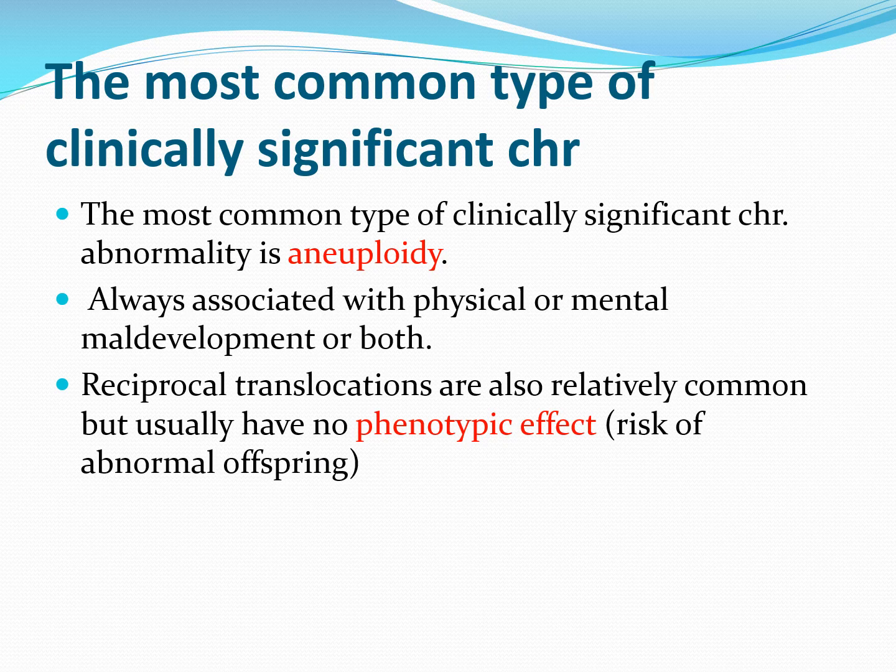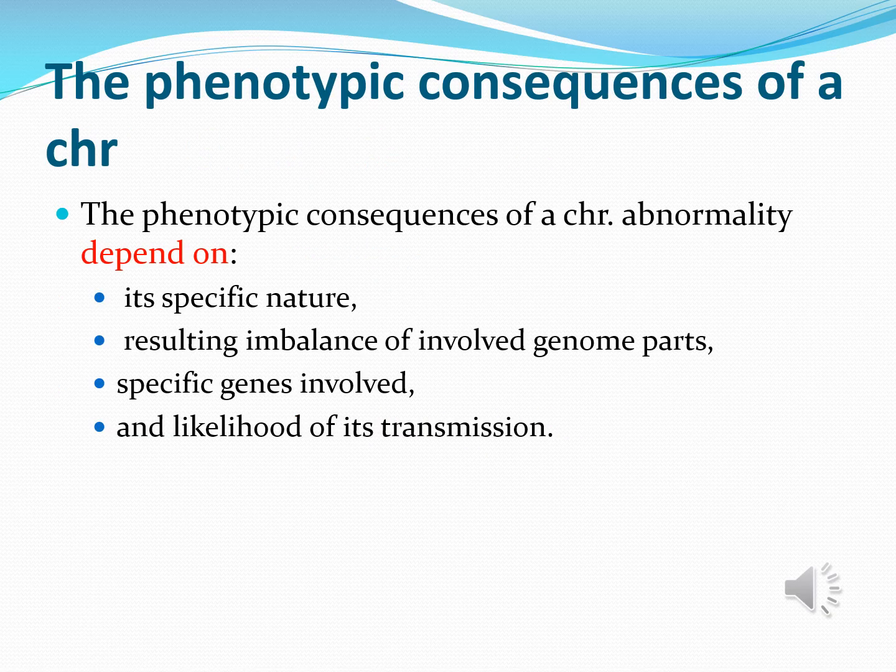The most common type of clinically significant chromosome abnormality is aneuploidy, always associated with physical or mental maldevelopment or both. Reciprocal translocations are also relatively common, but usually have no phenotypic effect. The phenotypic consequences of a chromosome abnormality depend on four factors.